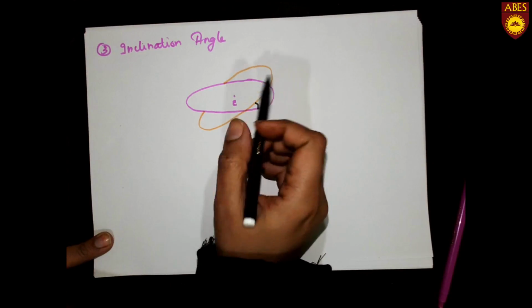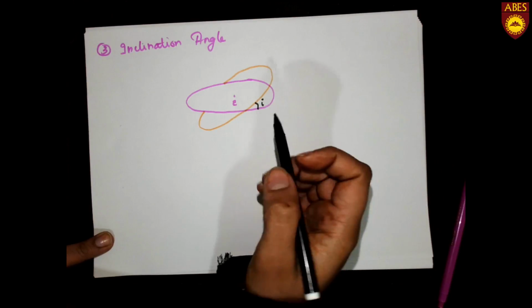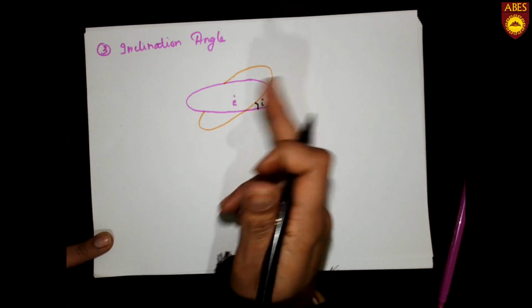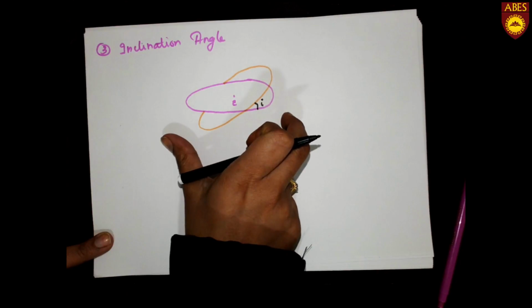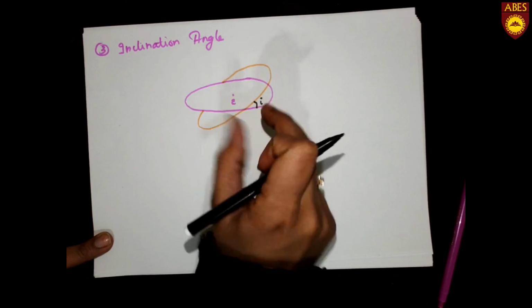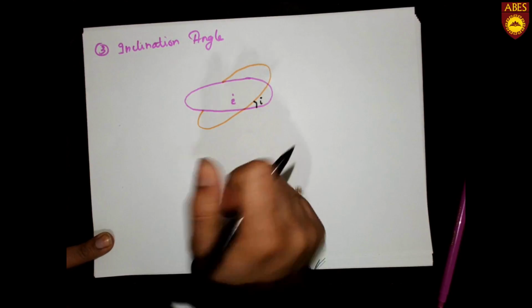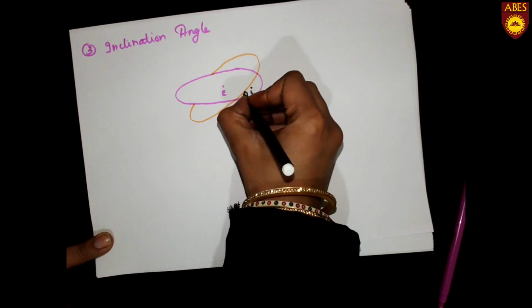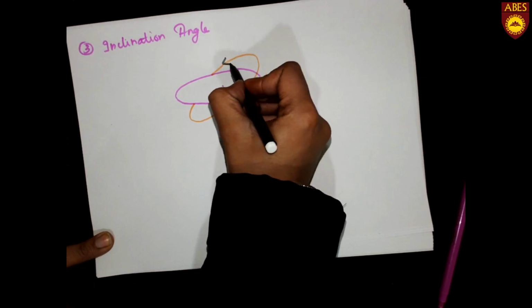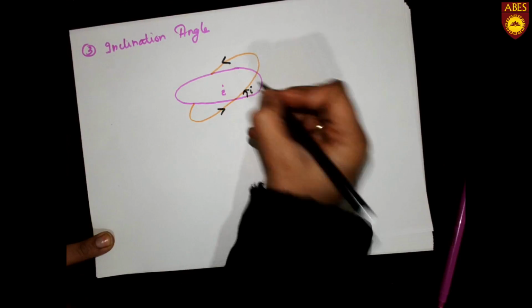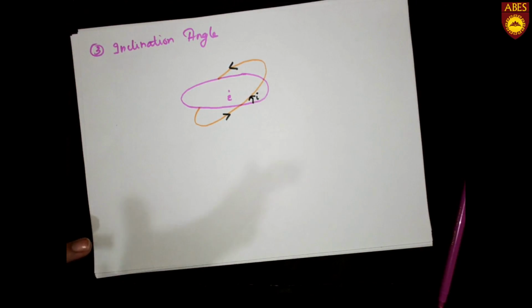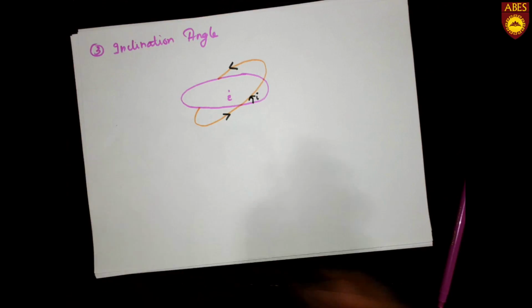For defining it, the plane of the orbit cuts the equatorial plane at a particular point, which makes an angle, and that angle is the inclination angle. Most of the time we consider the direction of the angle from south to north. This tells us where the satellite is placed in that particular orbit.